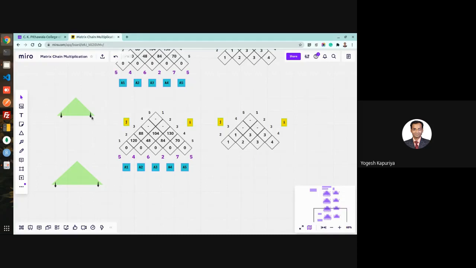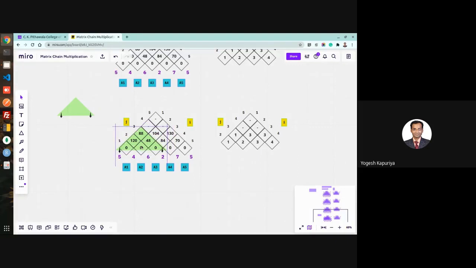First option is you multiply this with this matrix. So that means you are multiplying this with this matrix. This is 2 cross 7 obviously, and this is 5 cross 2. You already have the minimum result of 5 cross 2, that is 88. So what will be the value at this cell?